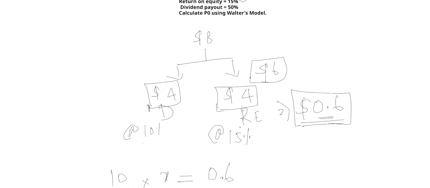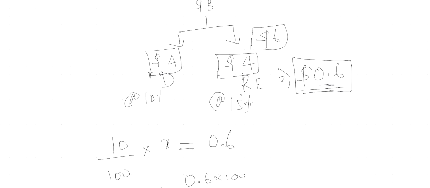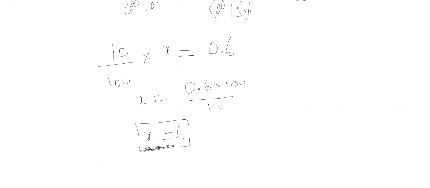Why? Because see here, listen carefully. The company is earning a return of $0.6 by investing just $4. But if the shareholders want to earn an income of $0.6, they have to invest $6.